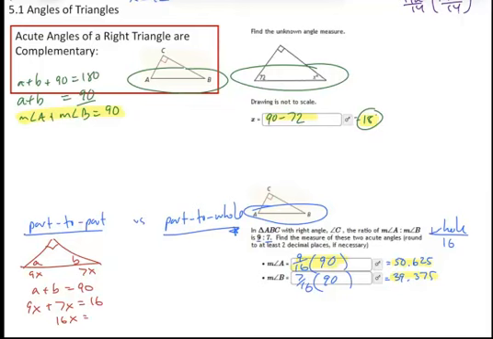16x is equal to 90, divide by 16, and we get our x value here. If we substitute this in, 90 over 16, what we get is the same thing, just a slightly different version of it. 9 times 90 over 16, and here we'd get 7 times 90 over 16.